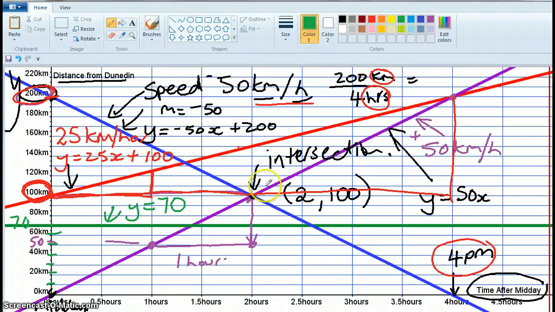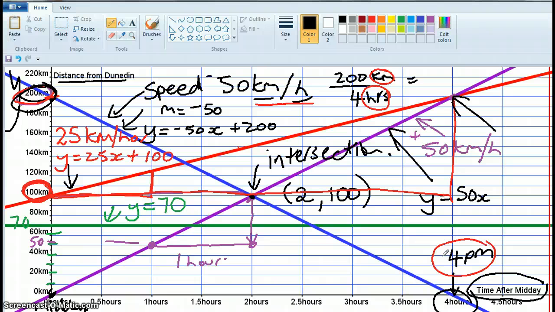We've talked about that intersection. What about this intersection here? What can you tell me about that intersection? I'll start the sentence. The red train and the purple train are both 200 kilometres away from Dunedin at 4 p.m. Which train is going faster, the red or the purple?